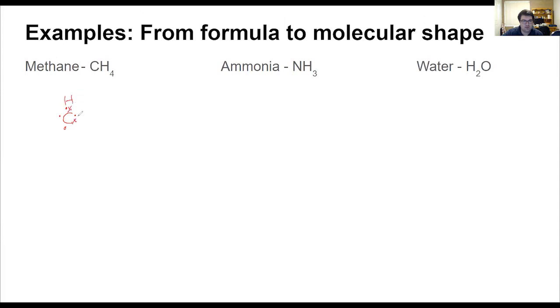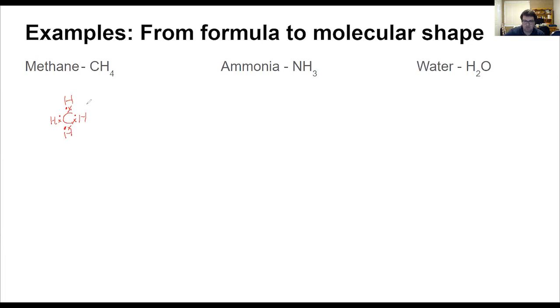So what's going to be going on in that Lewis structure is we're going to have 4 covalent bonds. Let's circle that in just here.